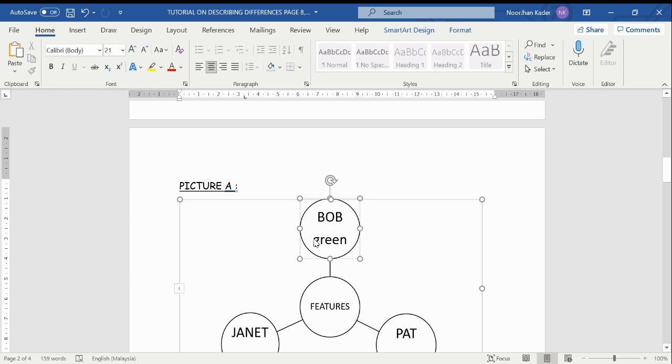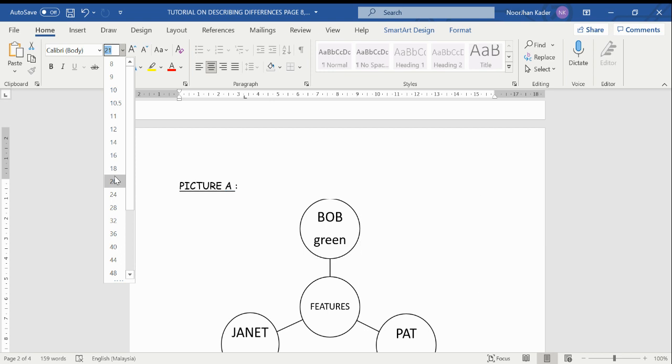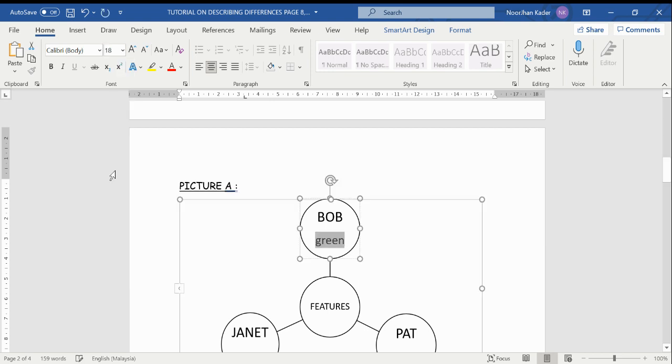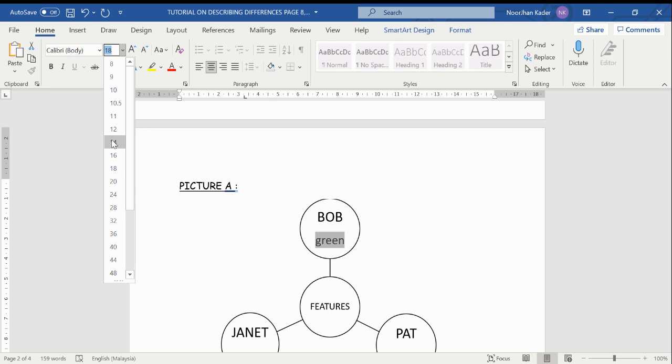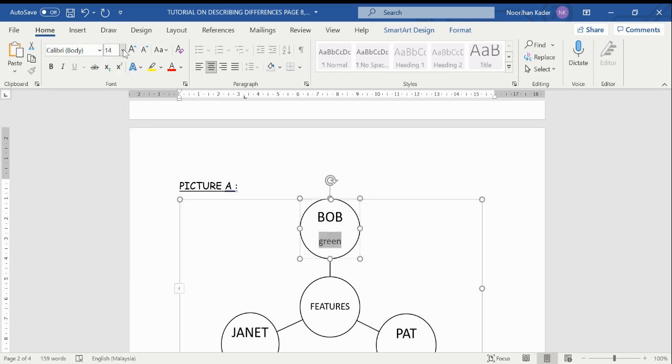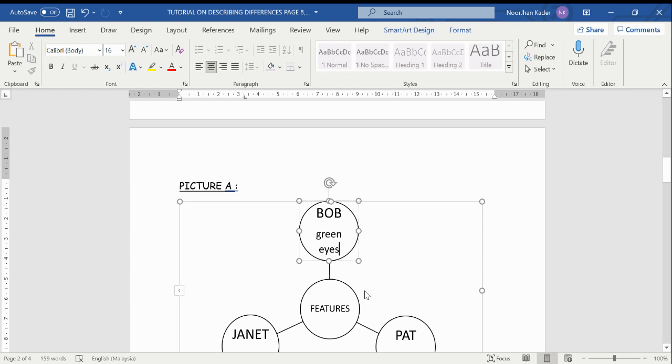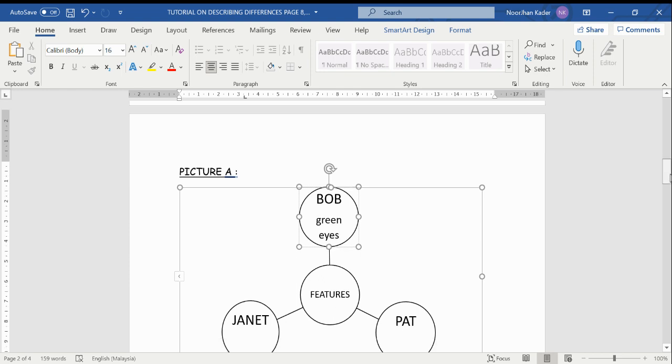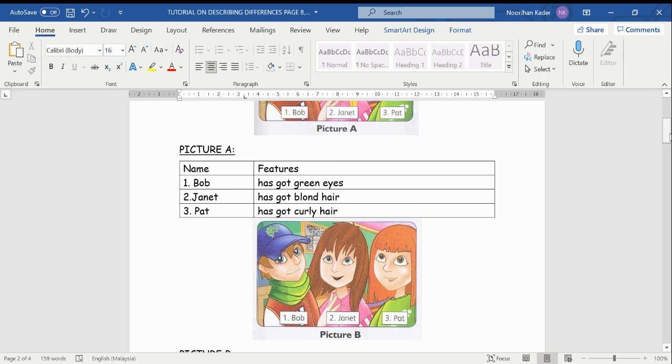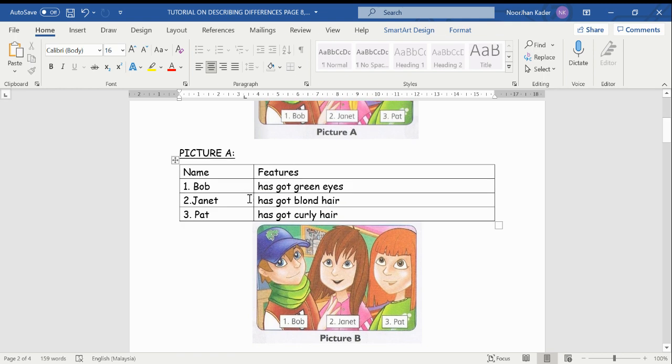Okay, it has to be smaller. Or we will try for 16. Green eyes. Okay, Bob has got green eyes in picture A. Okay, and Janet. Janet has got blonde hair.